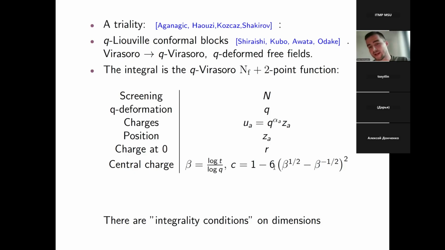So in that case, the number of fundamental and anti-fundamental multiplets, the number of terms corresponding to the multiplets in the 3D theory, should actually be equal. So I just denote them by NF.